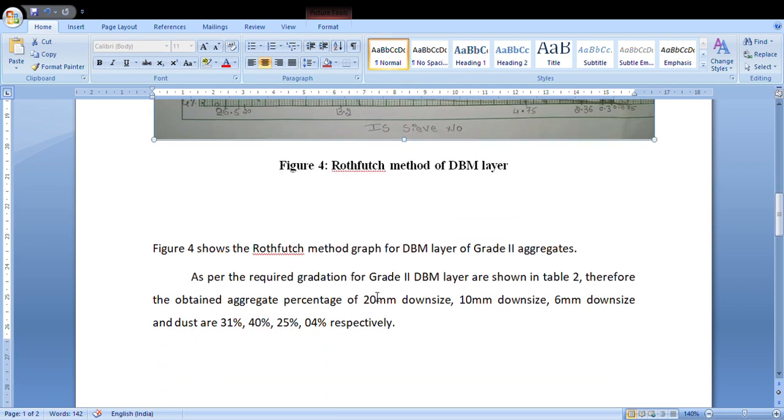As per the required gradation for DBM grade 2 as shown in the table, and based on the Rothfutch graphical method of mixed proportioning, for 20, 10, 6 and dust, the percentages of aggregates to be mixed are 31, 40, 25 and 4 respectively. This is how we can design the aggregate mix to get the required grade using the Rothfutch method. Thank you.